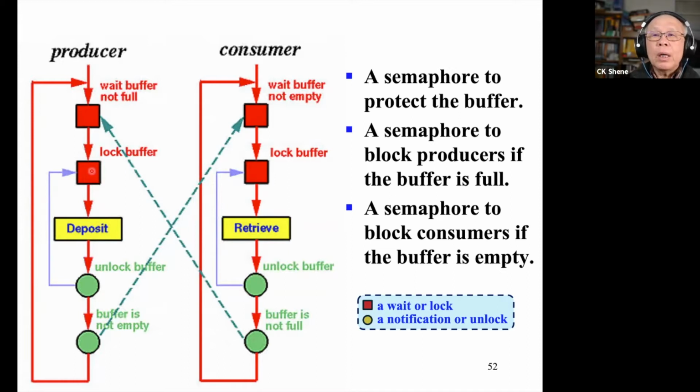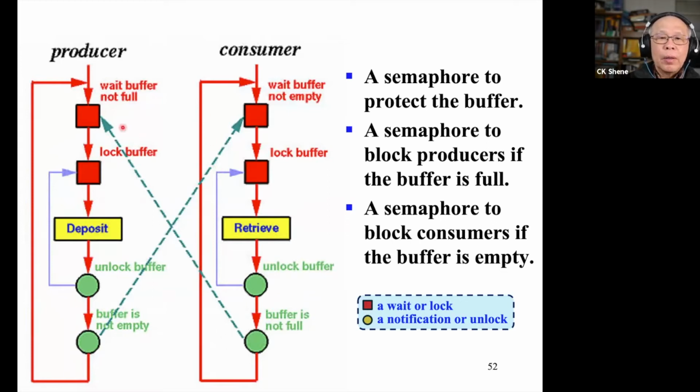So we consider the whole buffer, including the in pointer and out pointer, as a single unit for protection. That just makes our life easier. So let's say the whole buffer and the variables in and out are protected in a critical section, and that critical section is protected by a semaphore with initial value 1.